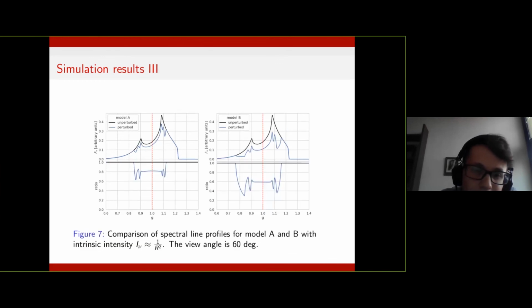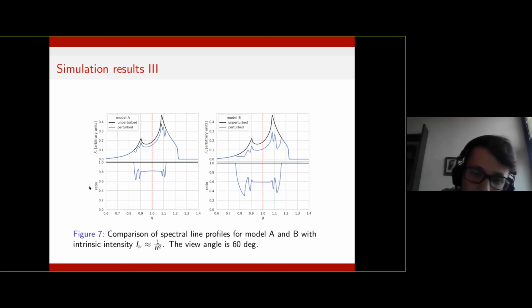So these plots show the comparison of model A and model B, which simply point out the flux decrease difference in both models, and the ratios.